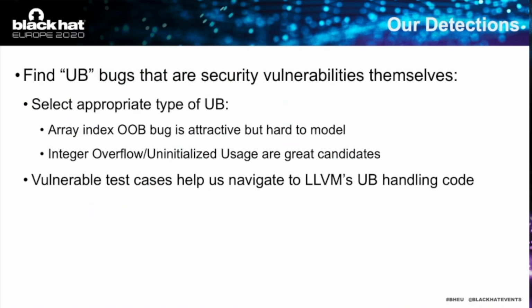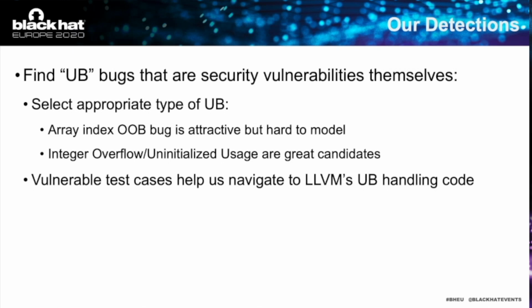Another approach is to find undefined behavior bugs that are security vulnerabilities themselves. You will first think of array index out-of-bound bugs. They are powerful, but they need precise static analysis and a hard model.